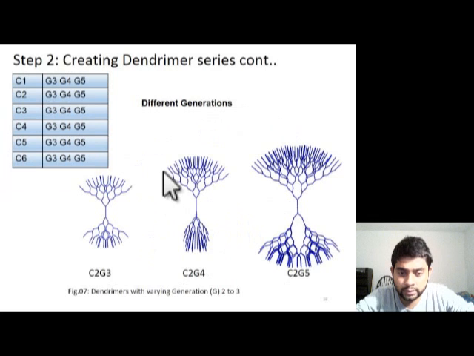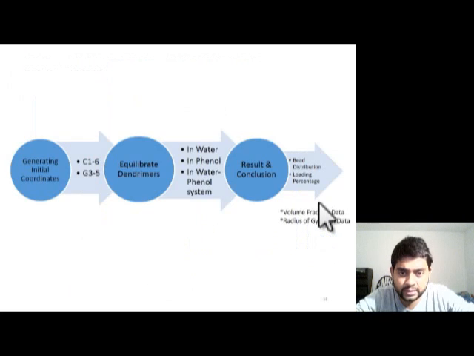G3 means there are 3 homogeneous layers in this dendrimer from core to outside, G4 means there are 4 homogeneous layers, and G5 means there are 5 homogeneous layers. So far we created C1 to C6 dendrimers and G3 to G5 dendrimers.